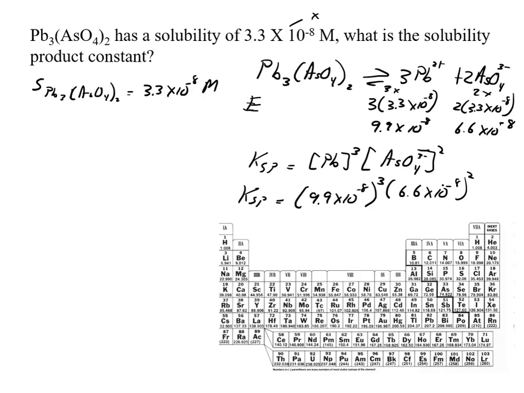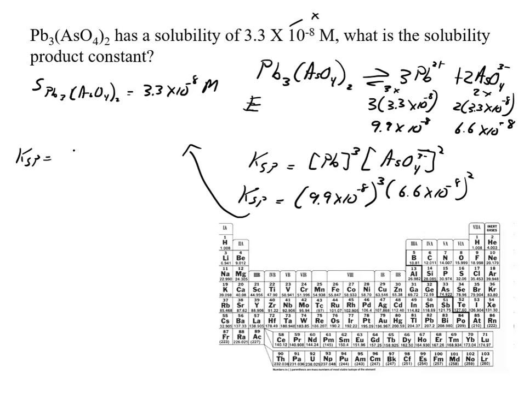And that's what I didn't do, I didn't do these individually. Move over here. So Ksp is 9.9 e to the minus 8th raised to the third.